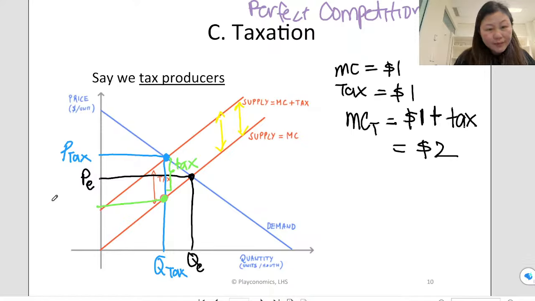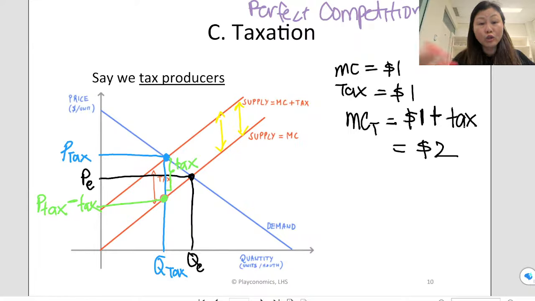So at this point, this must be P tax minus tax. P tax minus tax is the cost of your goods without the tax. P tax is the cost of the goods plus the tax amount.